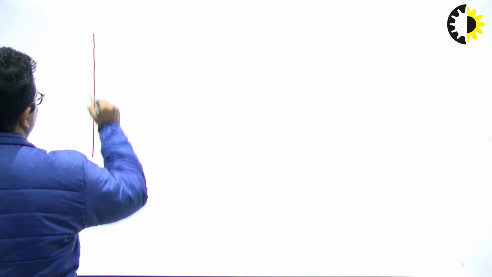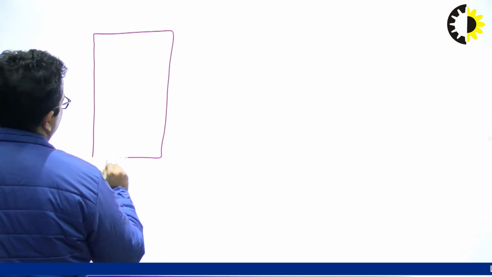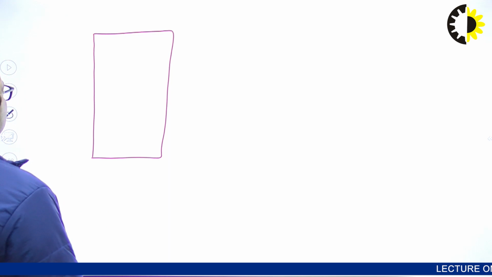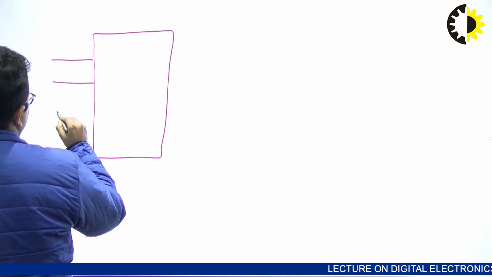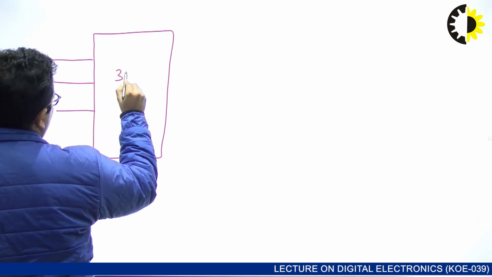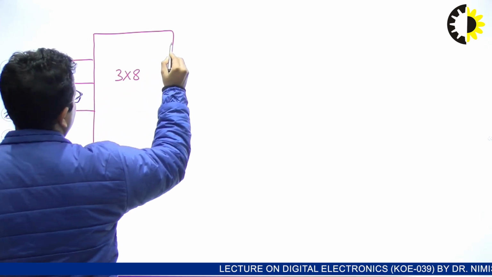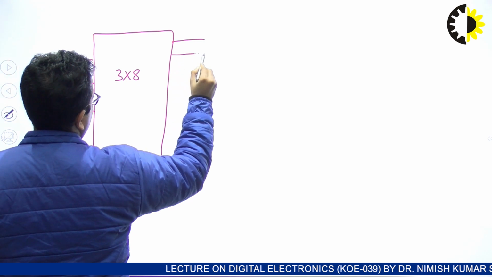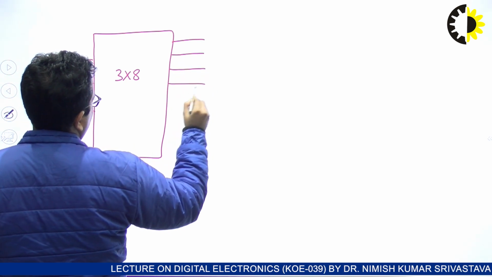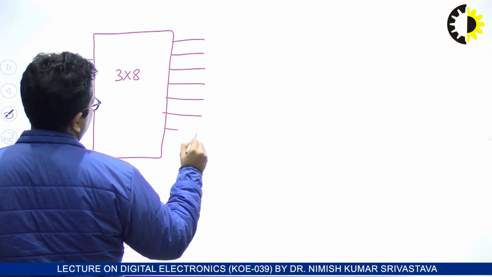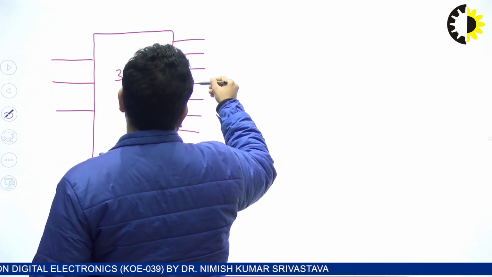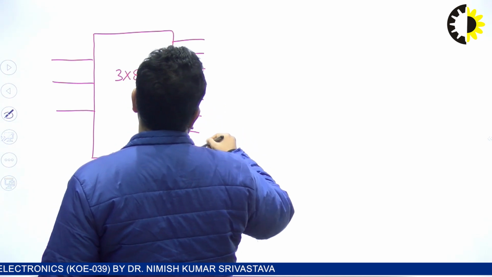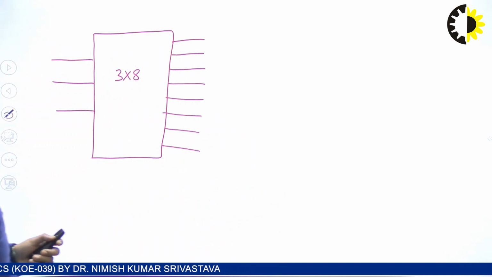So let us try to implement it by using a ROM. As we are having 3 inputs, from these 3 inputs we can get 8 locations. Right.